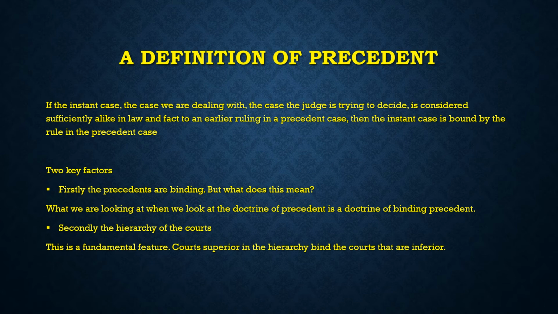It should be apparent that precedents are determined by the more superior courts, the Court of Appeal Civil or Criminal Division, and the House of Lords, now the Supreme Court. We are dealing now in this lecture primarily with the domestic courts, so we will put aside the ECJ and the European Court of Human Rights.